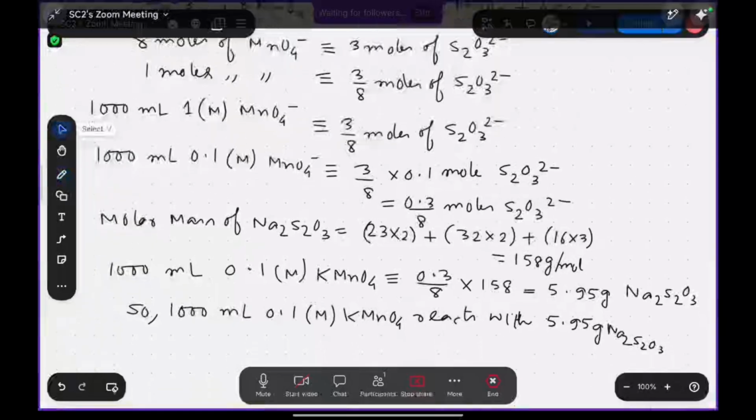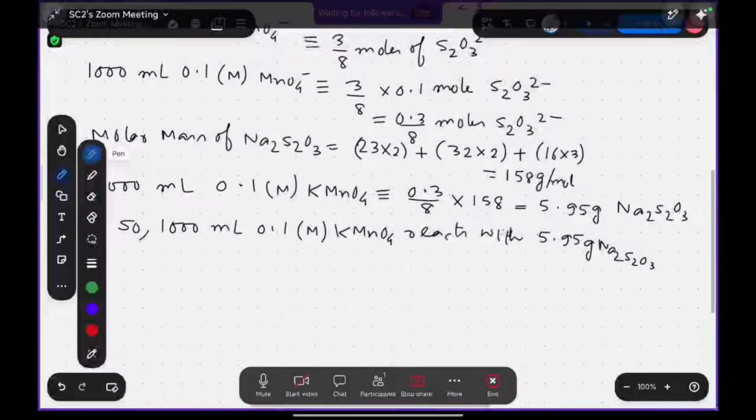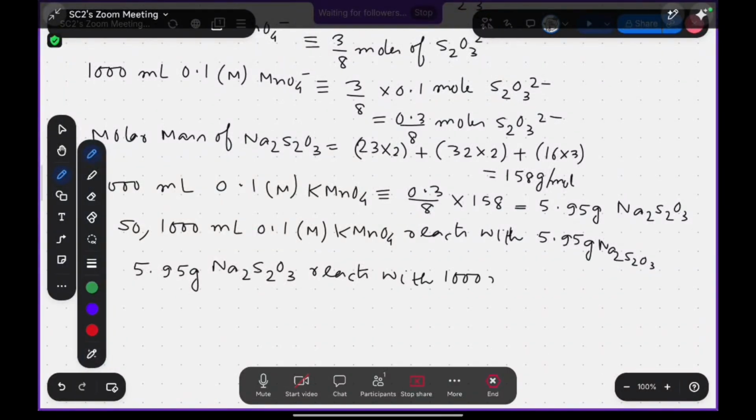Now we can invert the statement. Since we are asked to calculate the volume, whatever we calculate, we keep it on the right hand side. We can say 5.95 gram sodium thiosulfate reacts with 1000 ml 0.1 molar KMnO4.